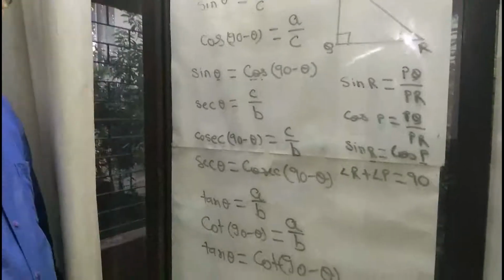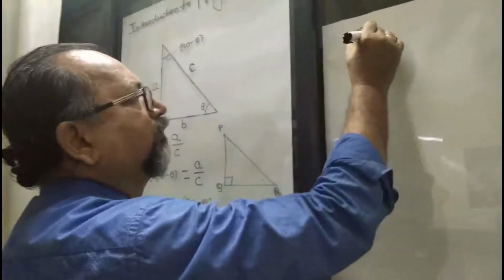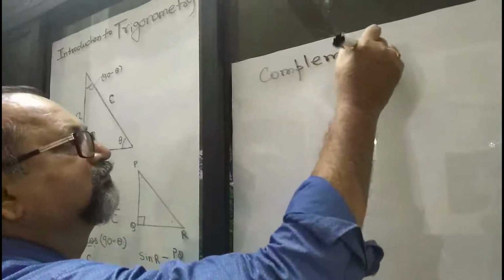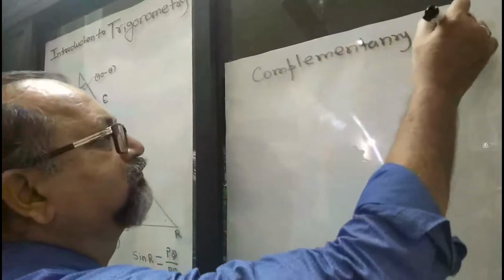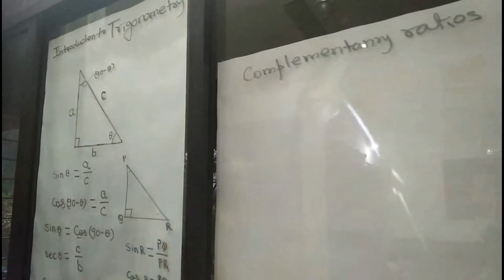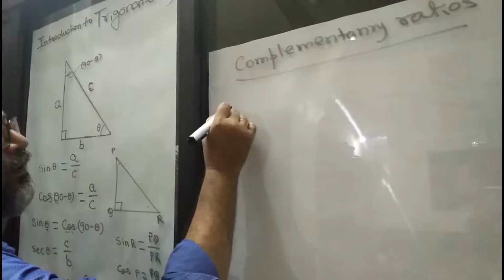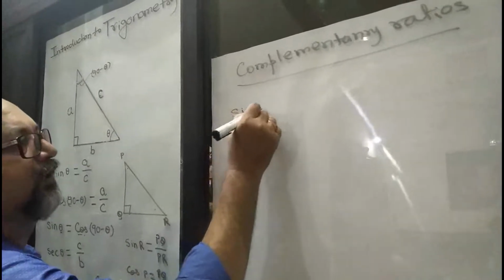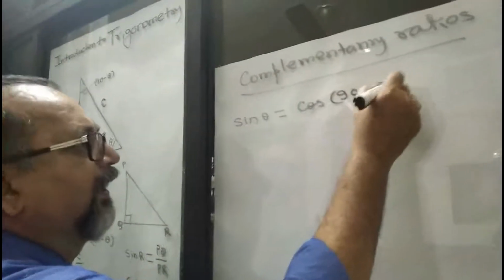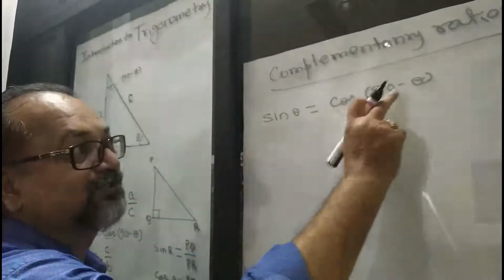Let me write these relations again here under the heading complementary ratios. First one was sin theta is the same as cos 90 minus theta.